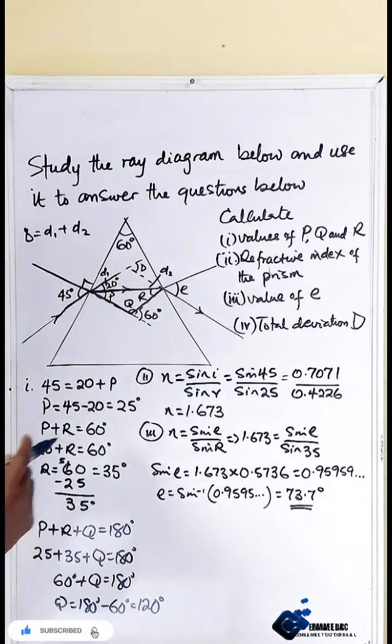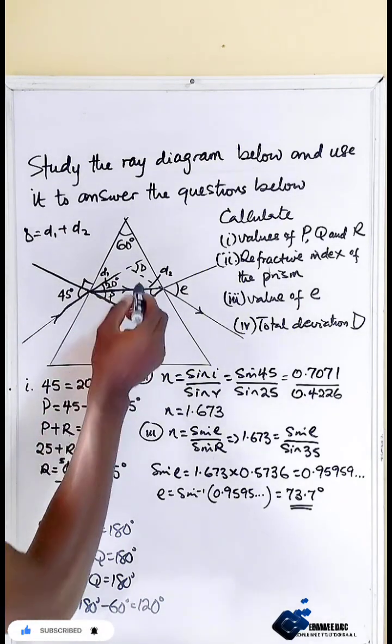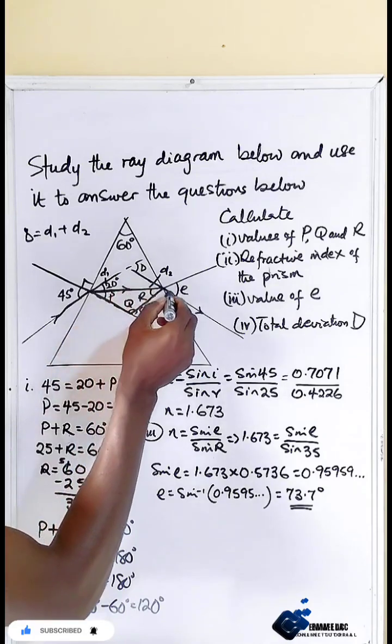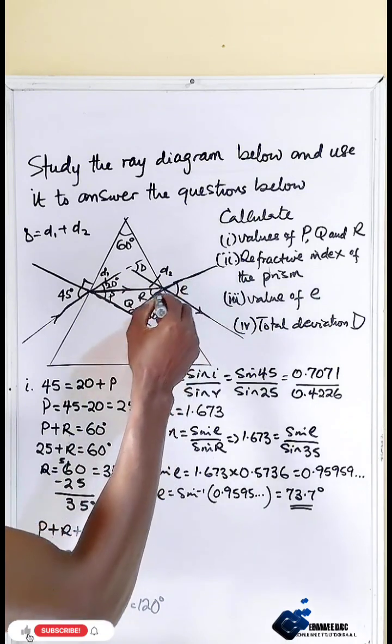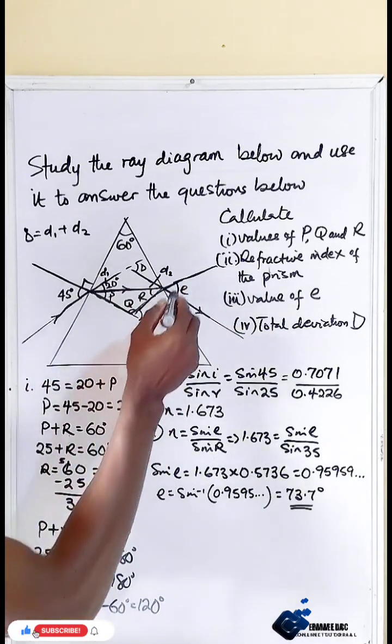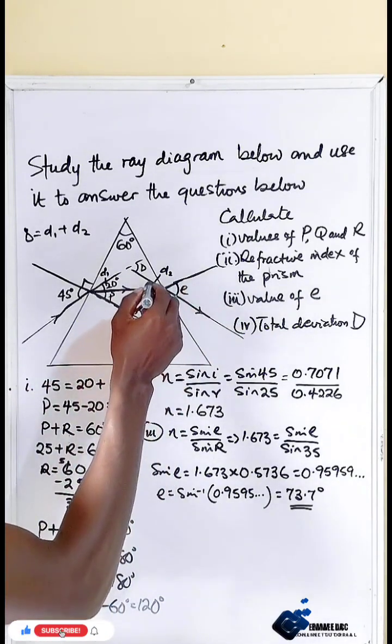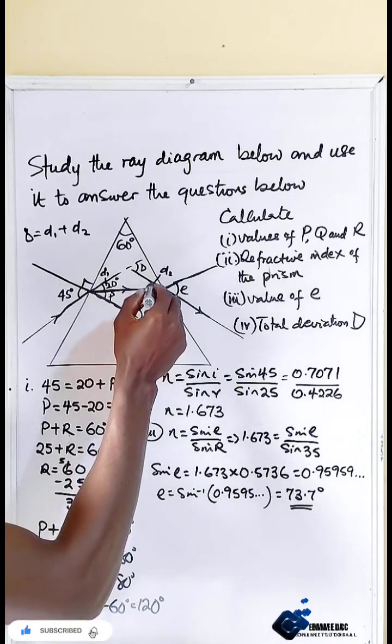For us to get D2, let us consider this and this, which means that this angle is equal to this angle here.